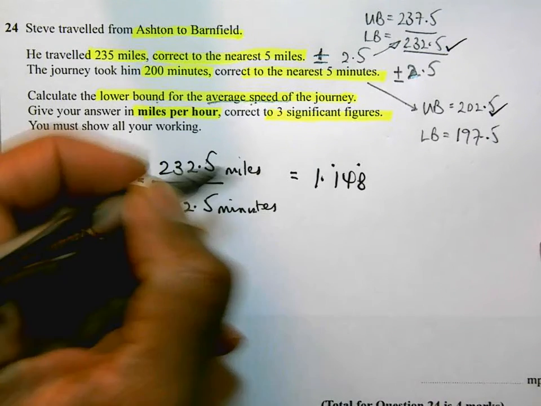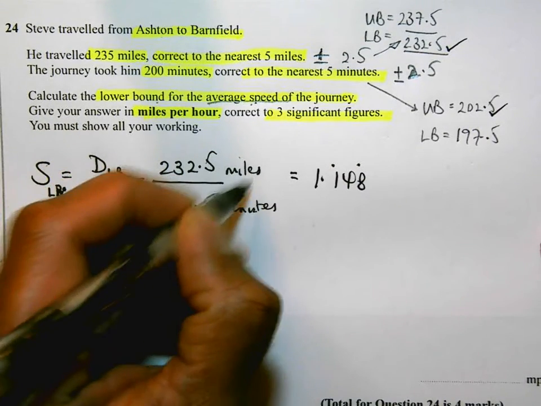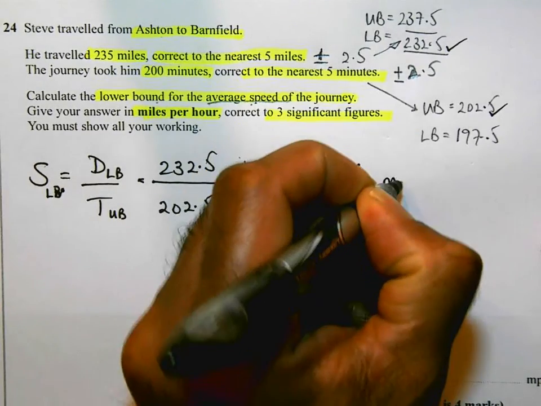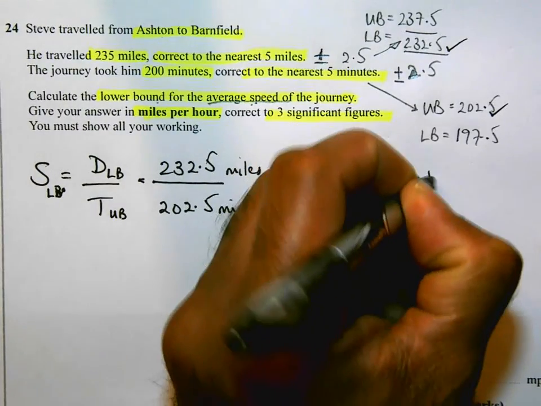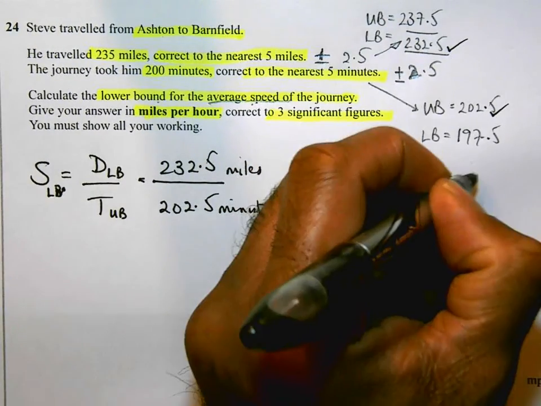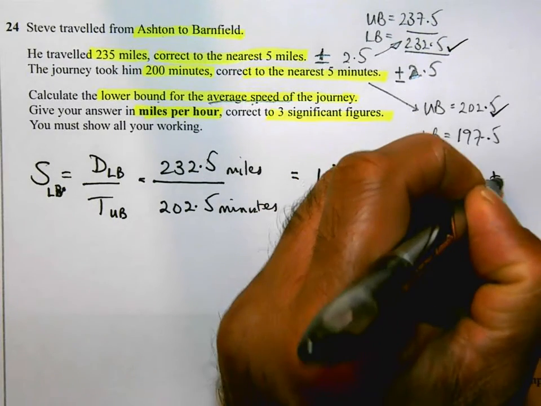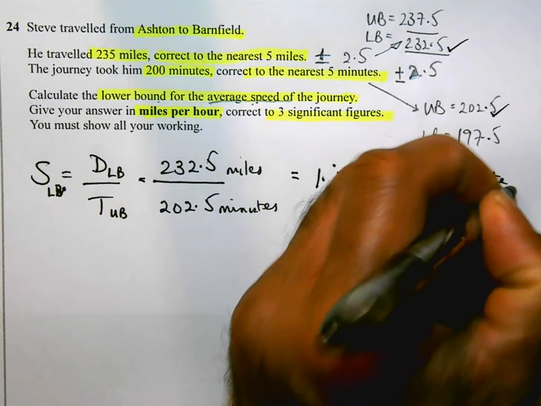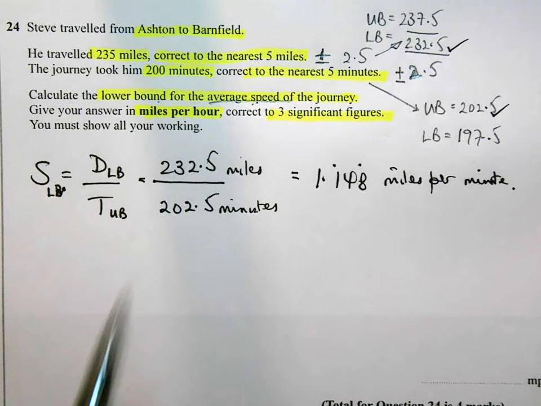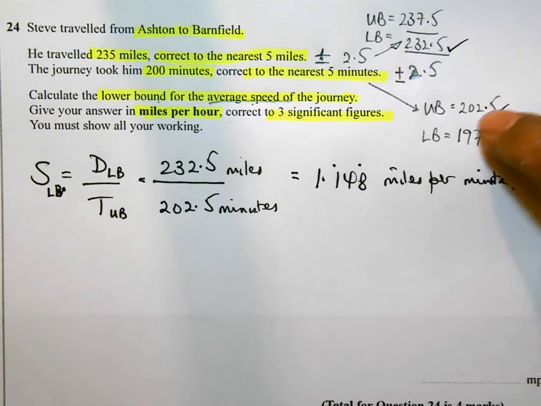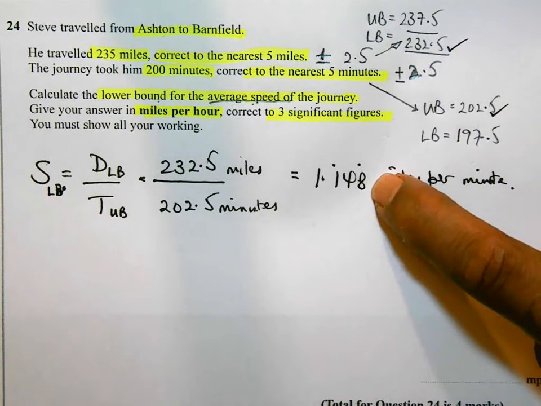Okay, but you need to remember that because it's miles divided by minutes, this is miles per minute. Okay, the question asked us to work it out as miles per hour. Miles per minute, what this literally means is that every minute, that's how far he's traveling.